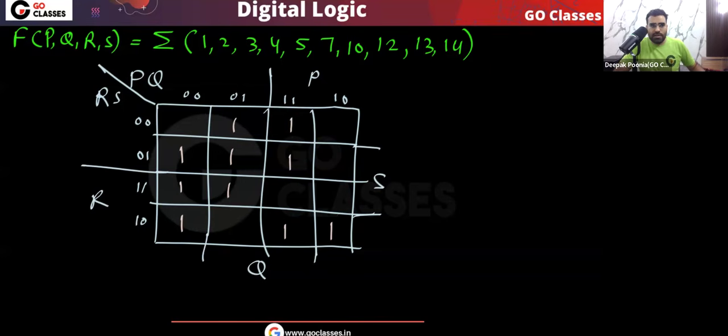Very simple, like this you can fill the k-map. Now after filling the k-map, we need to find the minimal SOP expression. And remember, this is an MSQ question, so there can be one or more minimal SOP expressions.